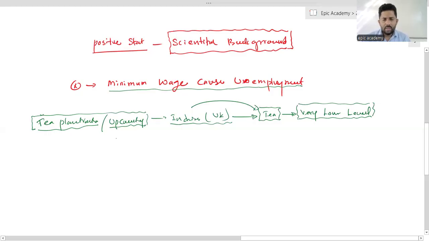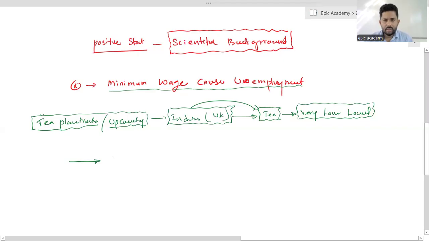In that period, a civilization was established in the upcountry by the Indian Tamil people, so another community was established. But unfortunately, the wage rate of those people is very low.